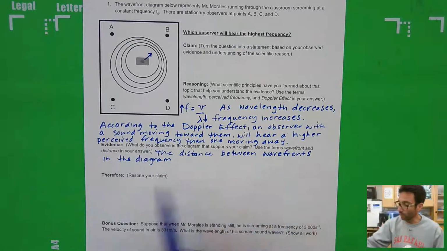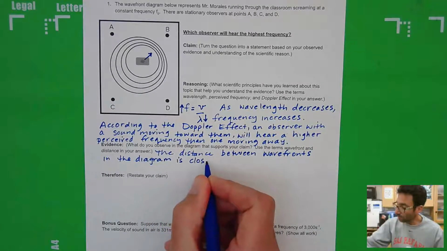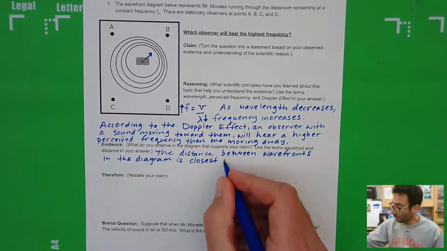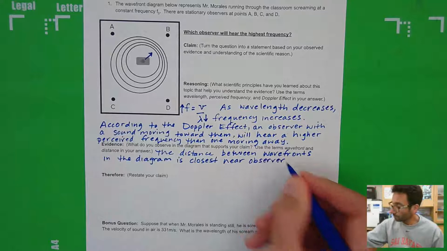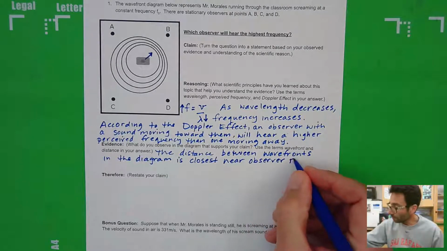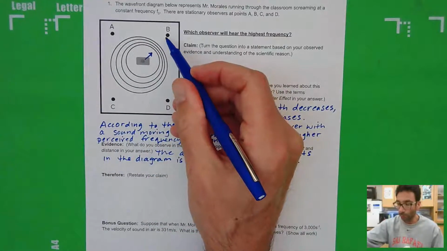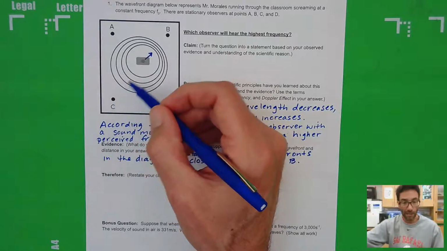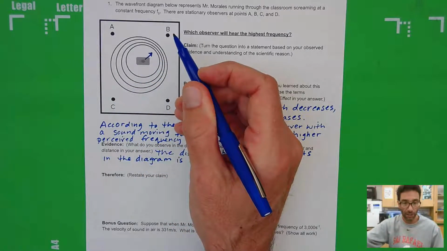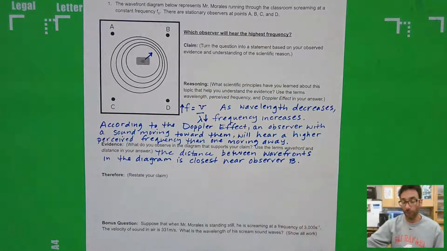The distance between the wavefronts in the diagram is closest near observer B. I should also point out it's not because the sound is closer to observer B or further from observer C. It's the relative movement toward observer B. Being closer or further might affect the volume, but it wouldn't affect the pitch.